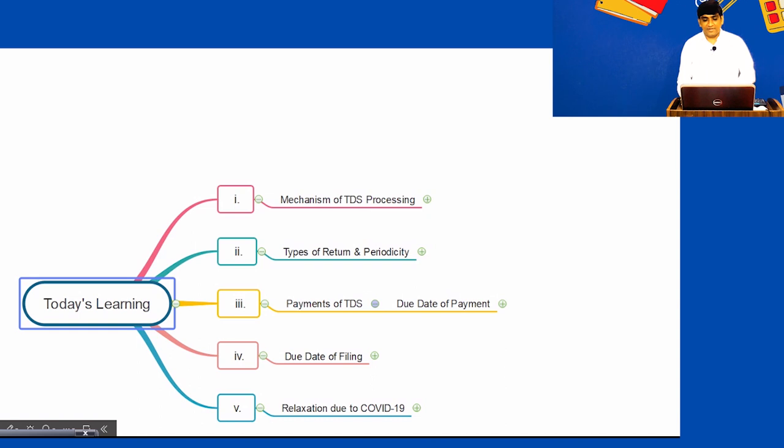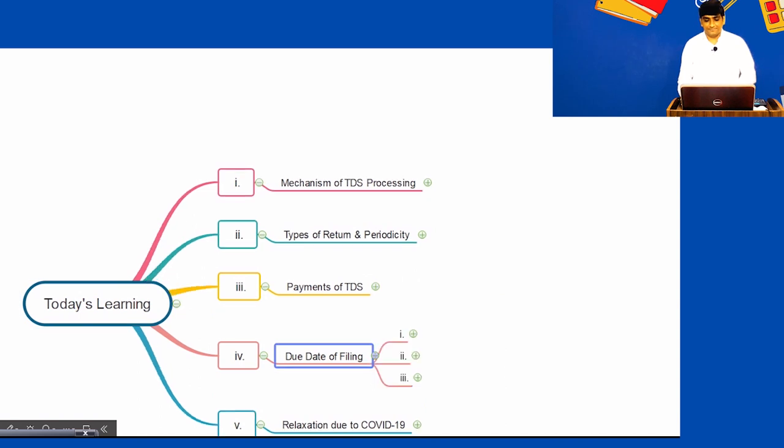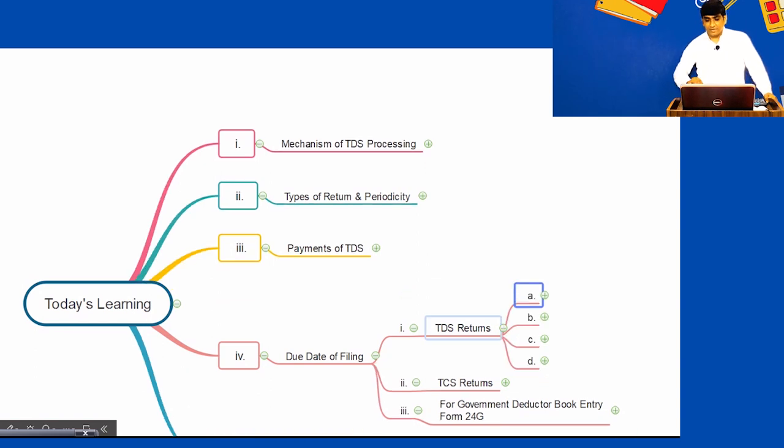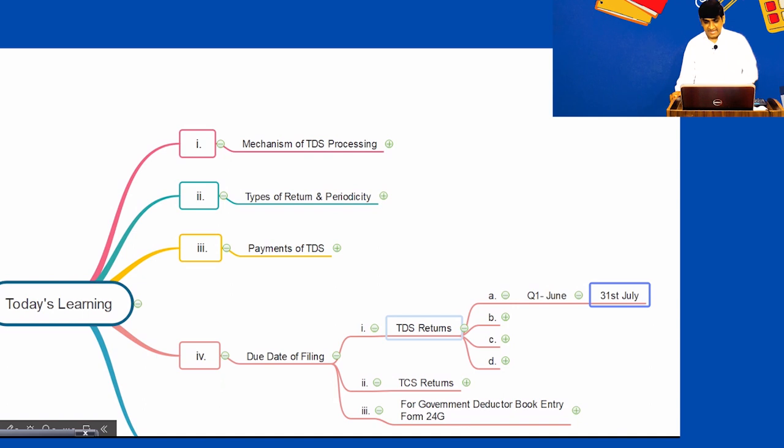Now let's understand what are the due dates of filing of return. We will be seeing due dates of TDS return, TCS return, and for government deductors, where book entry is done, through Form 24G. First of all, let's see TDS returns. For quarter 1 ending June, you are required to file the TDS return on or before 31st of July. For quarter 2, September ending, on or before 31st of October.